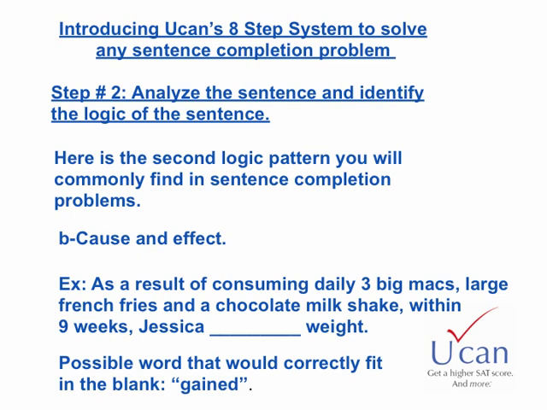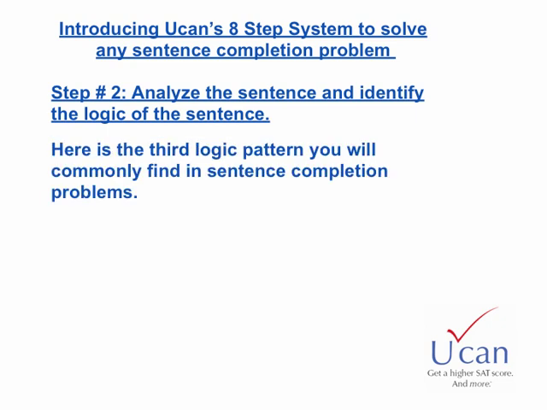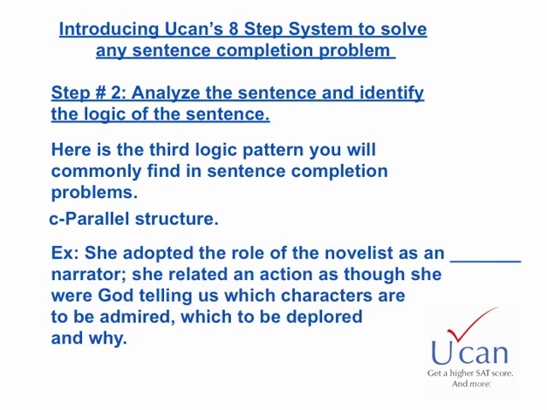Now, let's go on to the third logical type of pattern we find on sentence completion. The third logical pattern you'll commonly find is what we call parallel structure. Here's a great example. She adopted the role of the novelist as a blank narrator.